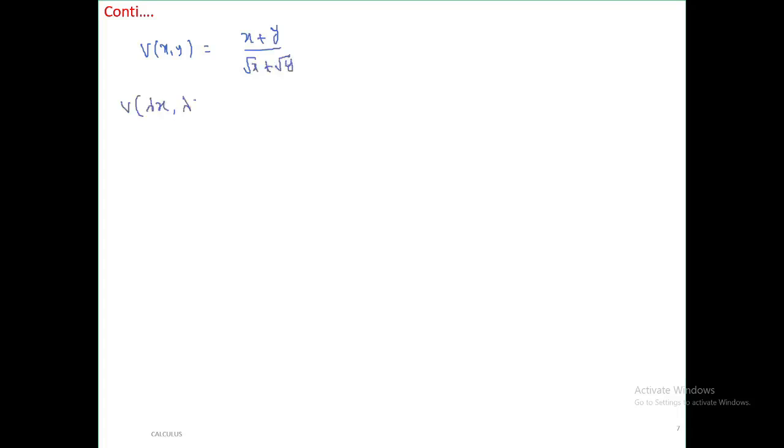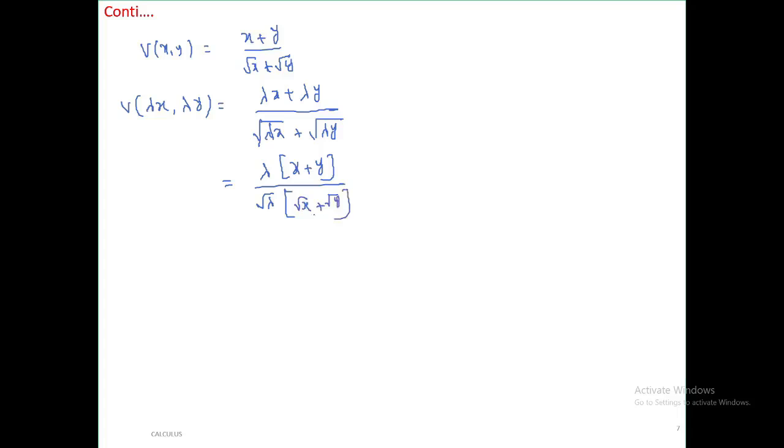So replace x by lambda x and y by lambda y, let us verify. Lambda x plus lambda y in the numerator, and the denominator is root lambda x plus root lambda y. In the numerator, take lambda out, x plus y, and in the denominator root lambda is out. What will remain? Root x plus root y.